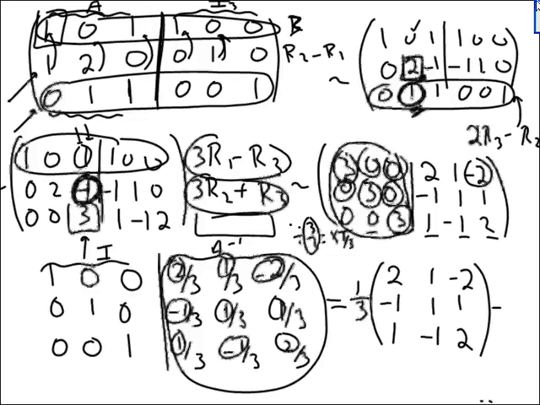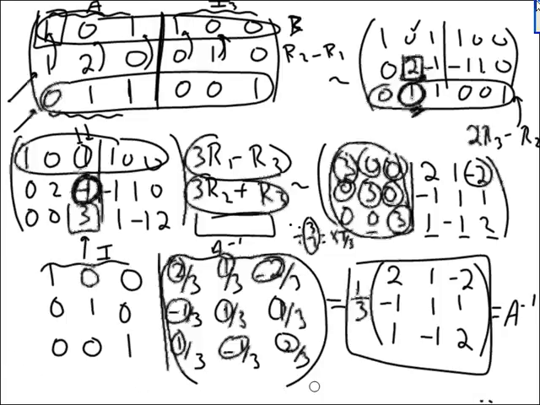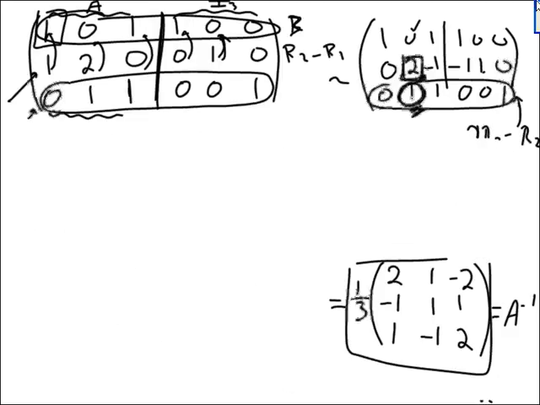I claim that that scalar product is the inverse of A. But who knows? Maybe I'm wrong. Okay, lots and lots of room to make very silly, simple arithmetic errors.